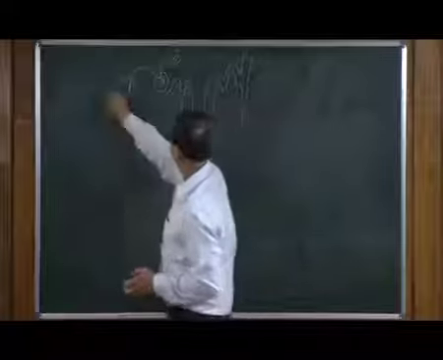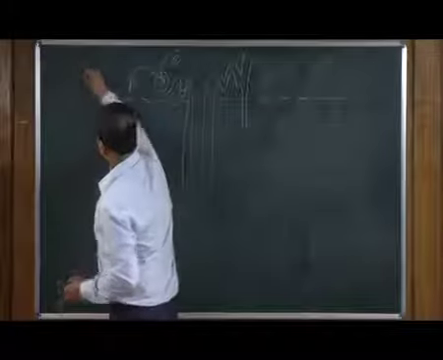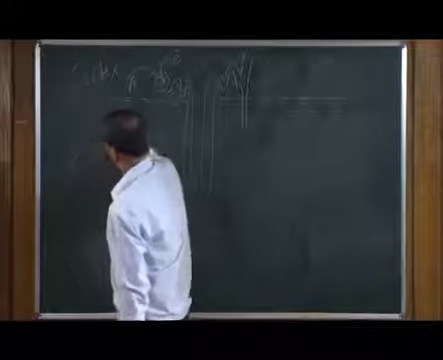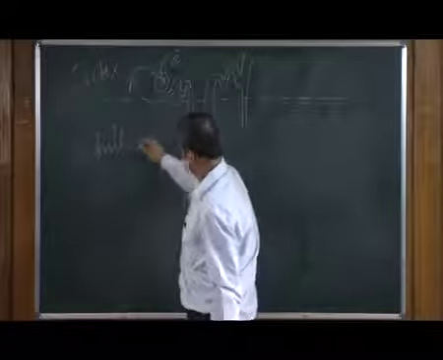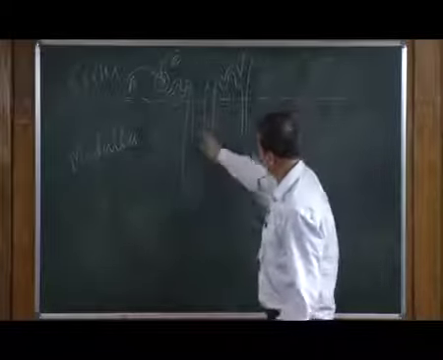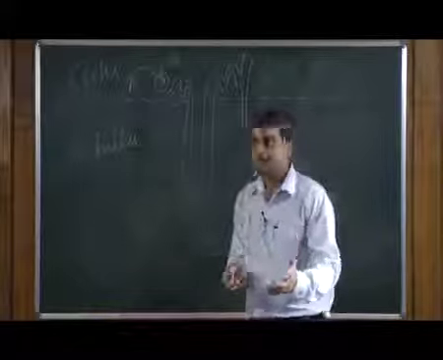Here the area is cortex, and here we have medulla. Now, this Henle's loop is long in the juxtamedullary nephrons.